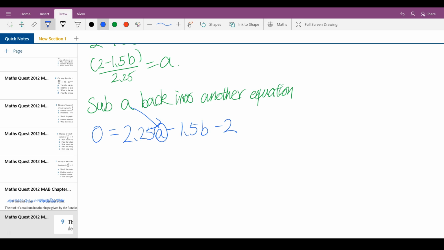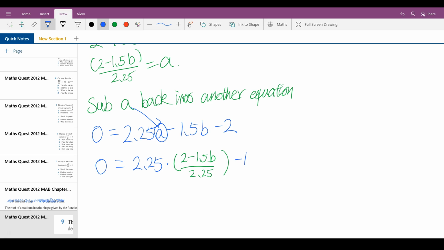So it becomes 0 equal 2.25 multiplied by 2 minus 1.5b over 2.25, right? And so anything afterward is just the same.